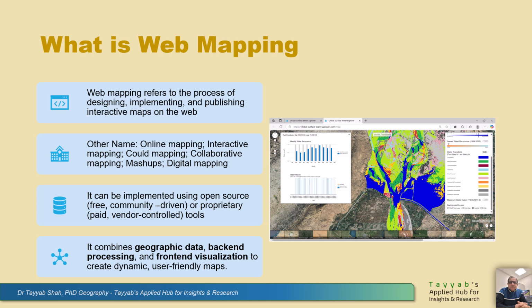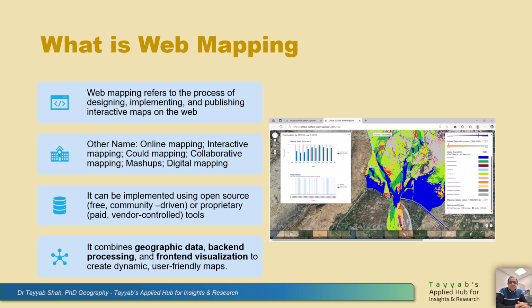It can be implemented using open source, which is usually free, community-driven tools, or it comes with a cost as proprietary tools. You will learn the comparison between open source and proprietary tools. And sometimes they are a combination of both together.